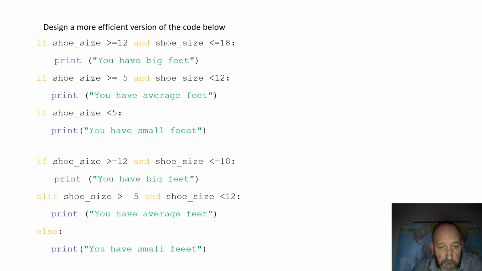If it's between 12 and 18, then you get this message. If it's between 5 and less than 12, then you get this message. Else, you get this message. We don't need the third check. There's only 3 possible. And so once we've done the first check and the second check, that's it. If there's only 3 choices, you've checked 1, checked 2, then that is your answer.